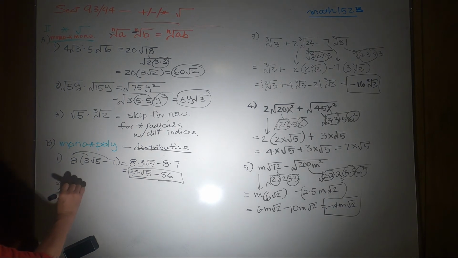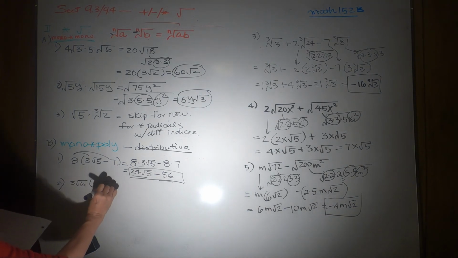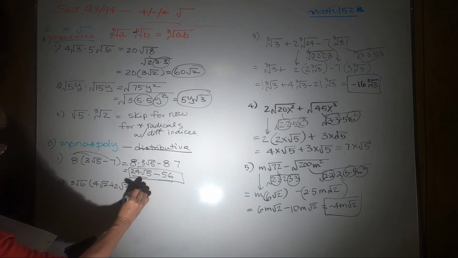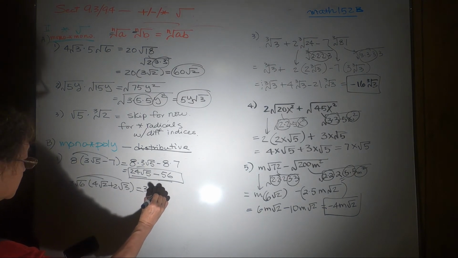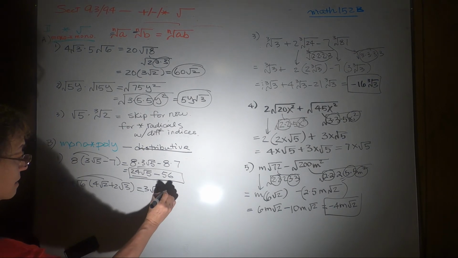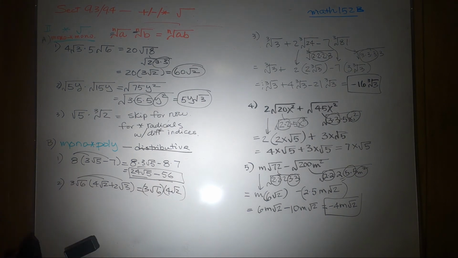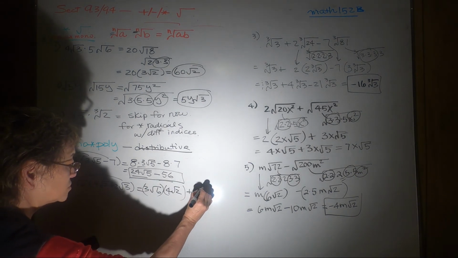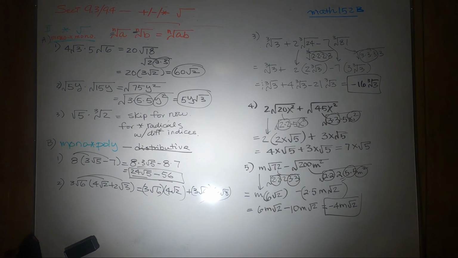And same thing, if I have 3 square root of 6 times 4 square root of 2 plus 2 square root of 3, so what do we need to do? We need to distribute, right? So you have 3 square root of 6 times 4 square root of 2, these two multiplied together, plus 3 square root of 6 and 2 square root of 3 multiplied together, right?